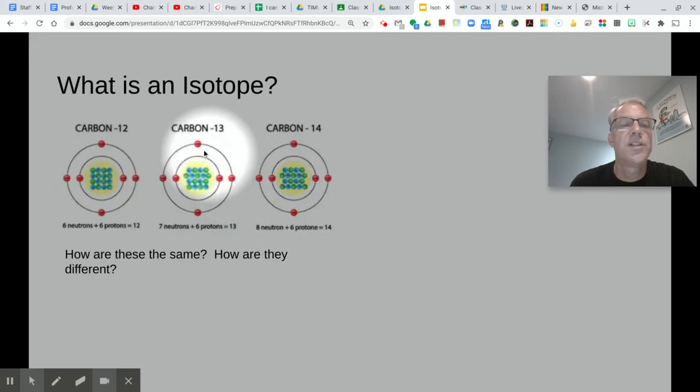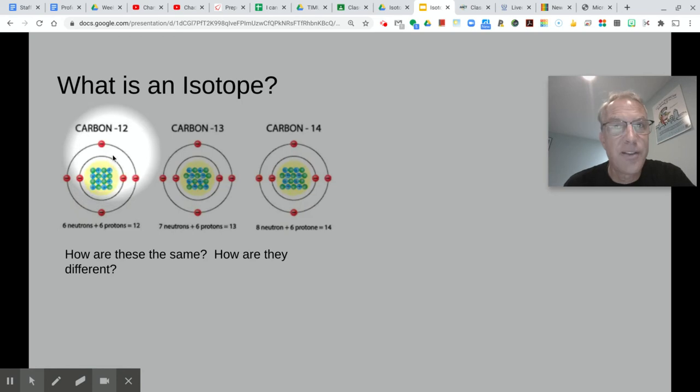So first of all, what is an isotope? If you look right here, there are three types of carbon atoms, which looks kind of strange. But the question is, how are they the same and how are they different? Well, any atoms of the same element always have to have the same atomic number, which is the number of protons.